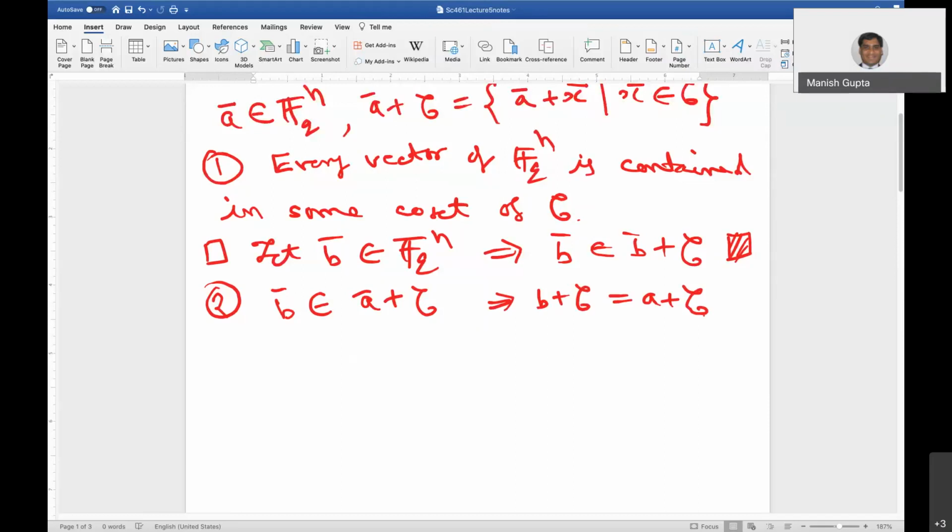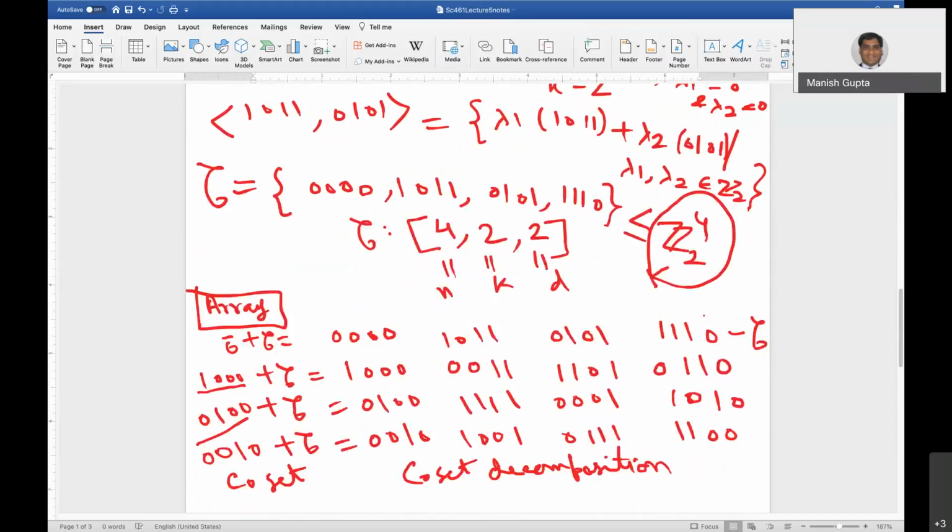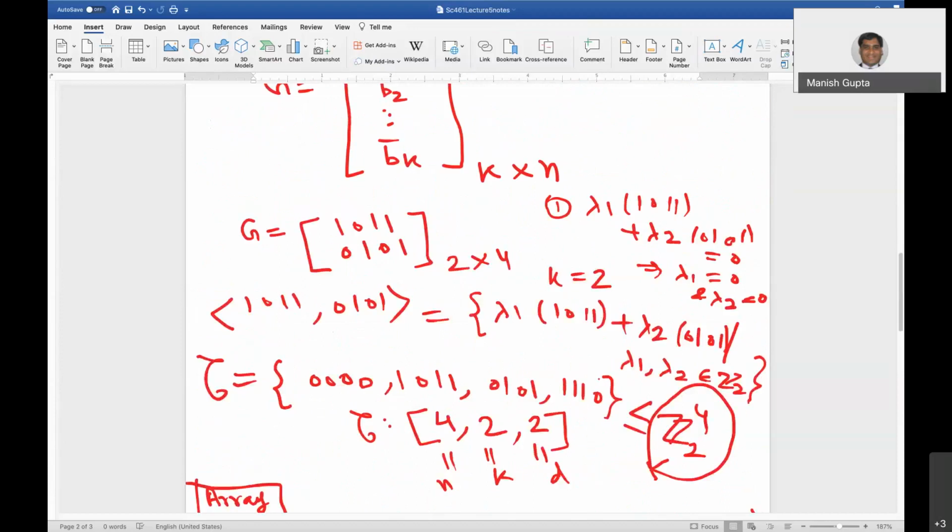You will not get anything different. For example, in this picture, look at the second coset 1 0 0 0 plus C, and if I take, say, the vector 0 0 1 1 in it and add it to C, we will get the same second coset. We will not get anything else. This is the beautiful property of cosets.